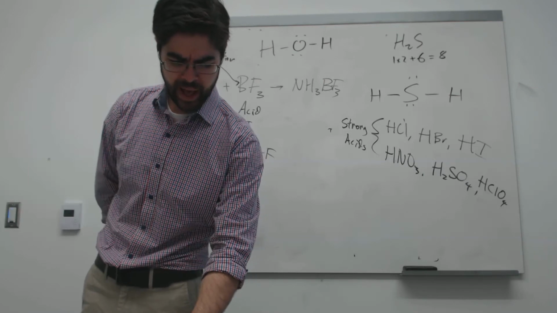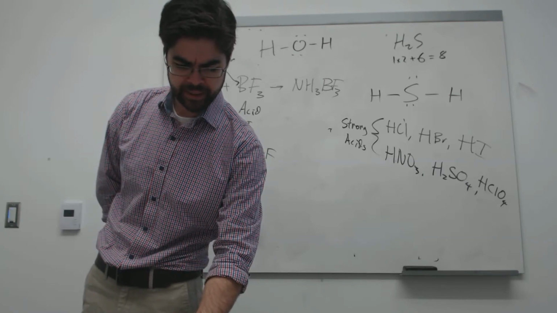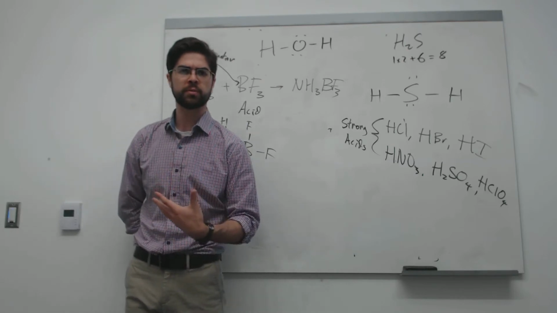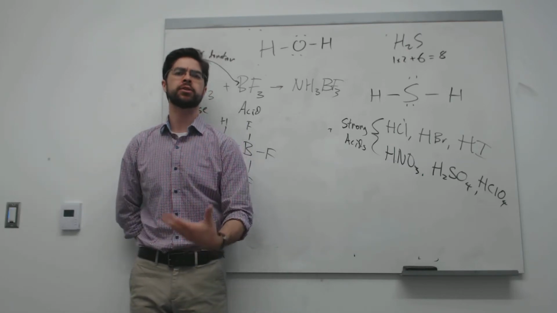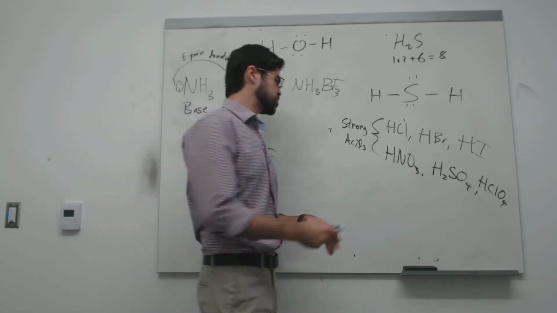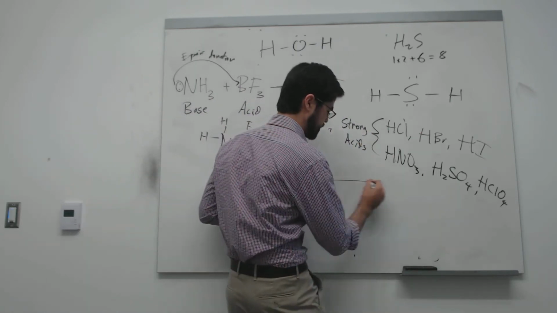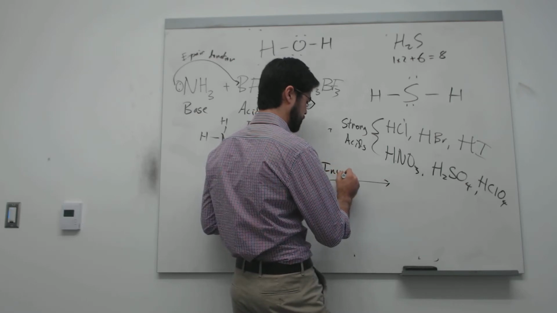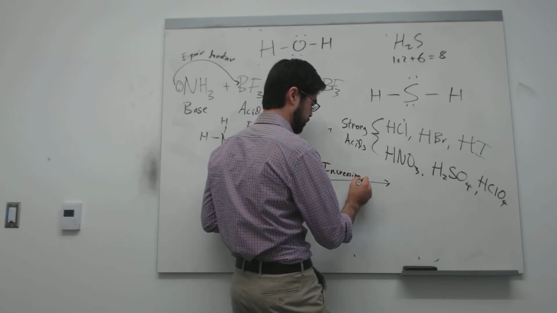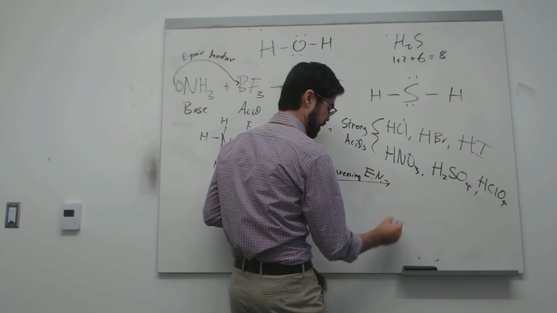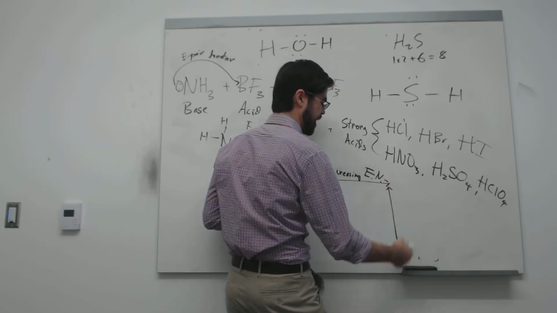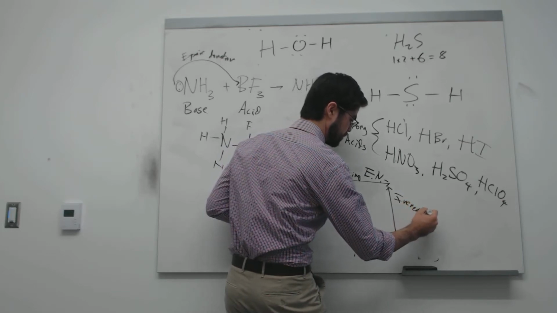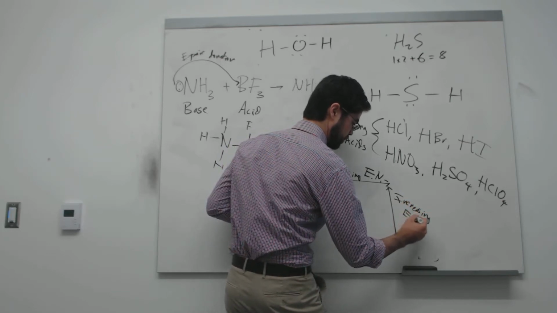I don't understand how to predict electronegativities. For predicting electronegativities, that's going to be an application of your knowledge of periodic trends. The general trend in the periodic table is that electronegativity increases across a row and it decreases down a column, whereas I normally remember it as increasing up the column.